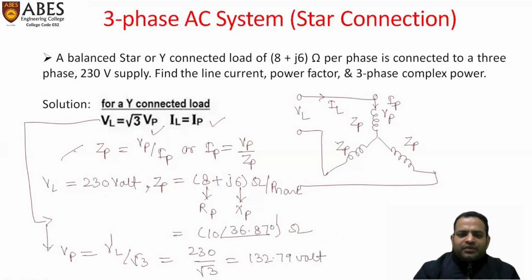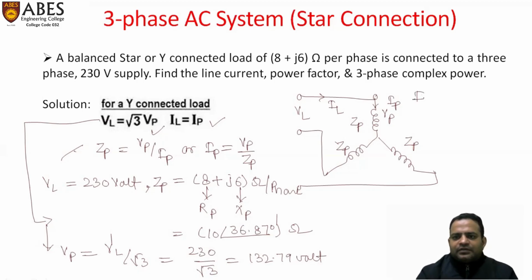We have VP, we have ZP. So by IP is equal to VP upon ZP, we can calculate the value of IP.